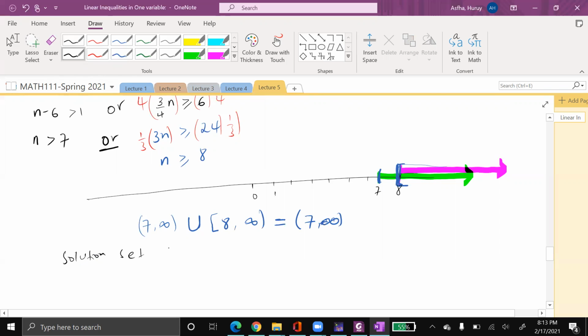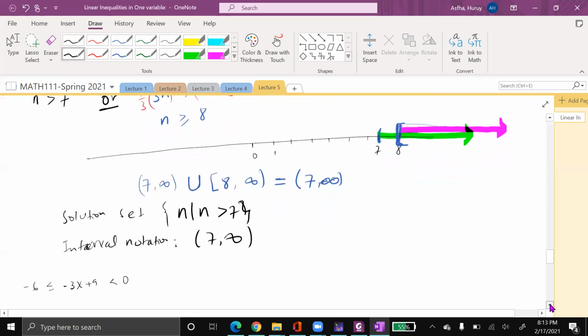Solution set is n such that n is greater than 7, or in interval notation, is just 7 to positive infinity. So that's our solution.